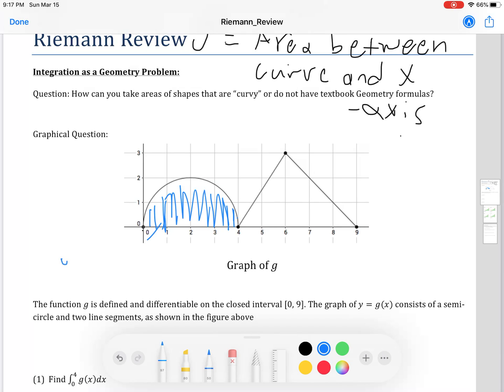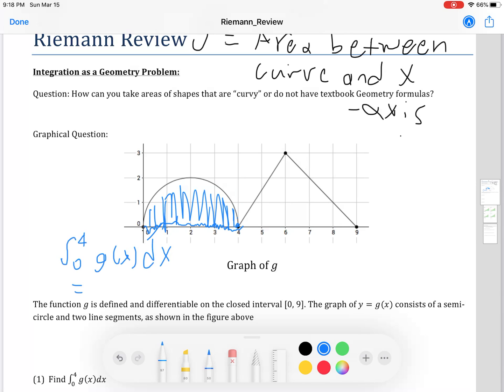I'm not going to shy away from calculus notation. Remember, when we have a limit of integration, we're starting at 0 and taking the area under the curve until we get to x equals 4. And that is g of x dx.